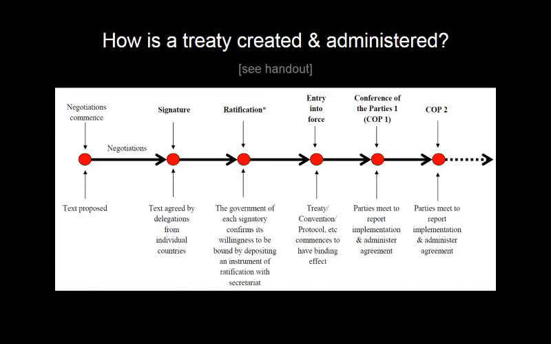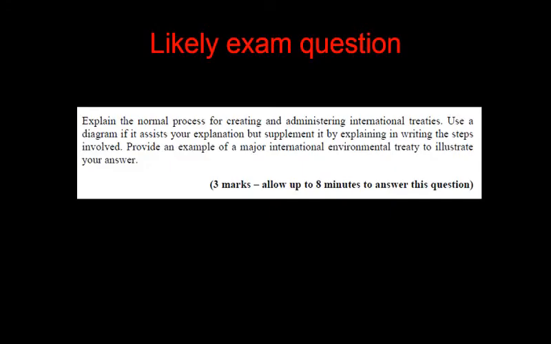In the United Nations Climate Change Convention, they're up to COP 23, I think. They meet each year, but they can be called different things. So I want to look at that in terms of the Whaling Convention.